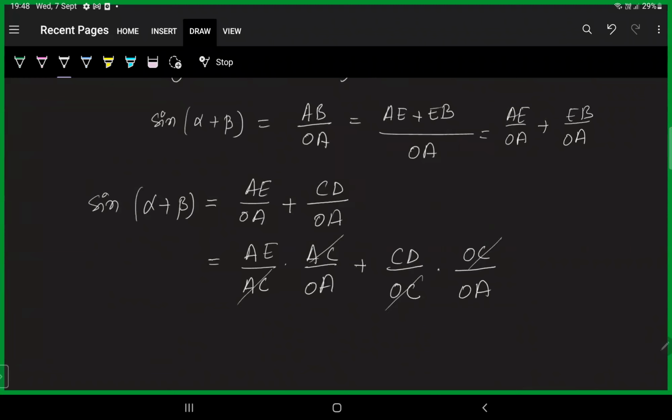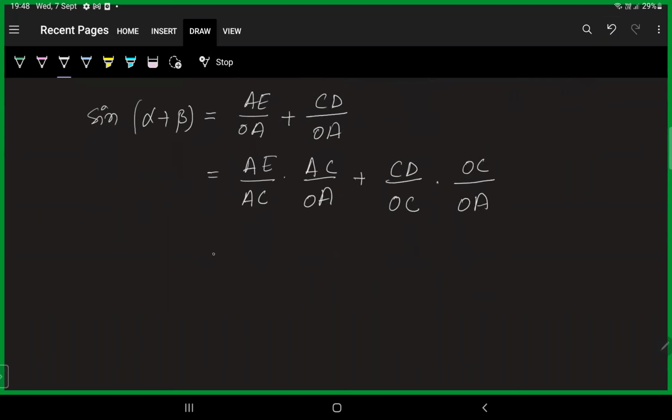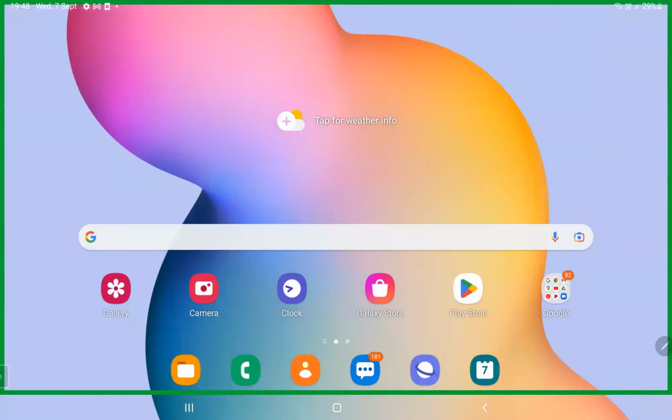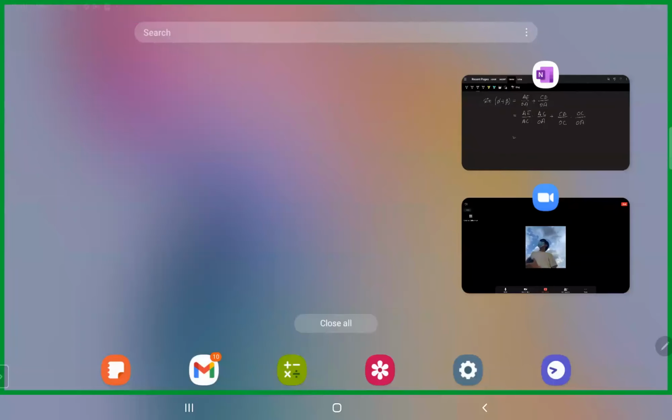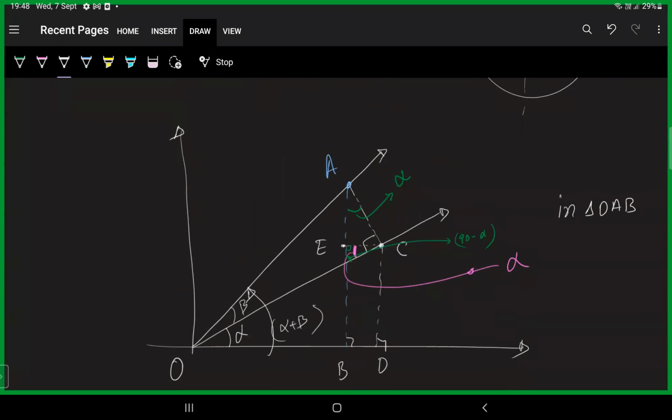So we can extend this as this. Now, what is AE upon AC? Look at it: AE upon AC, what is this?